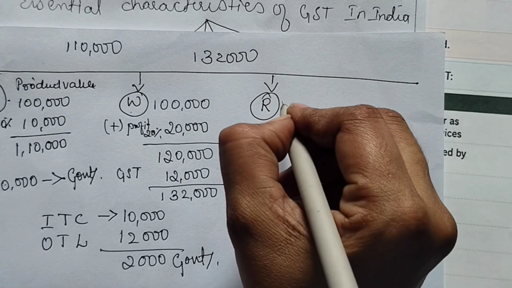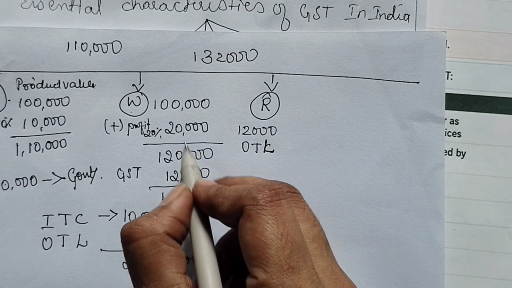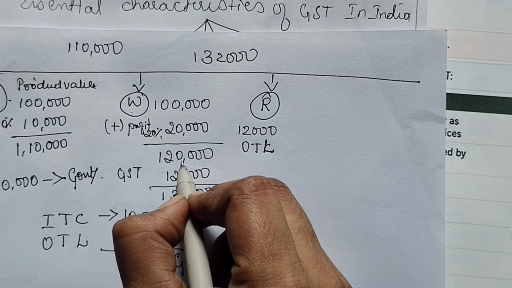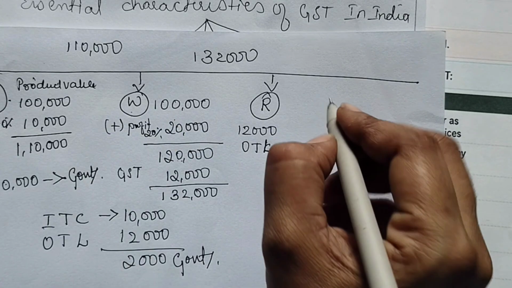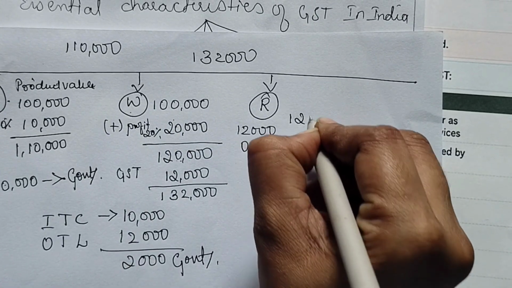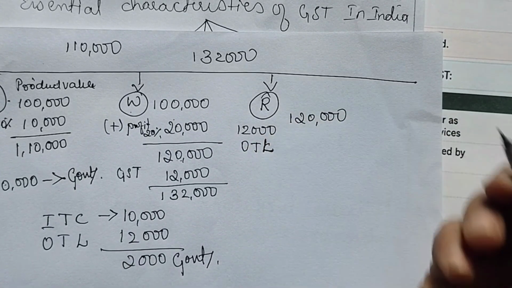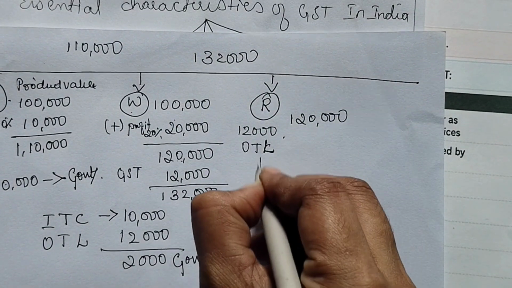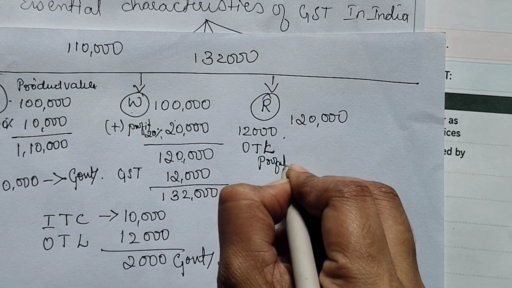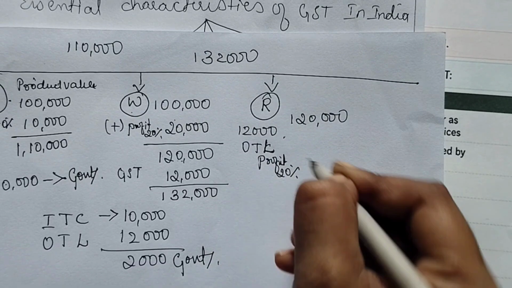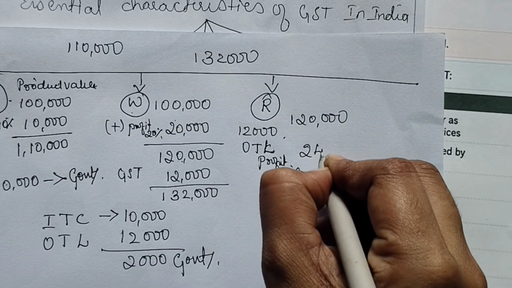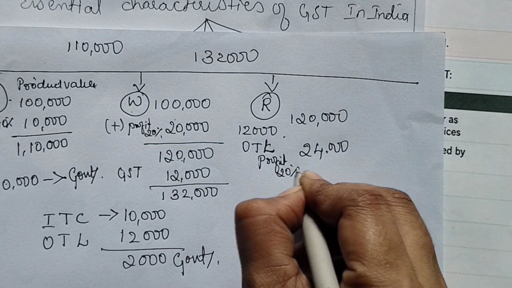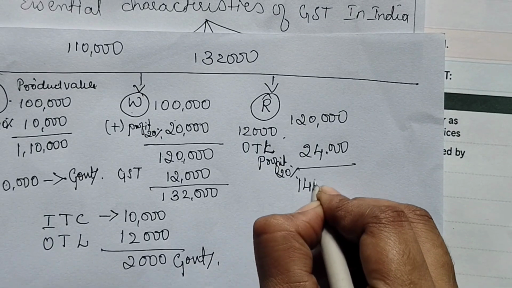Now, the retailer. Here the value added cost becomes 1 lakh 20,000. Again he will add his profit margin. Profit margin is 20%, that is 24,000. The total becomes 1 lakh 44,000.